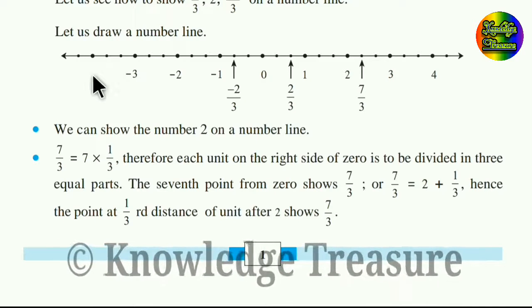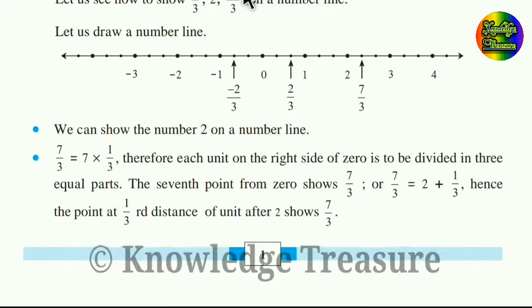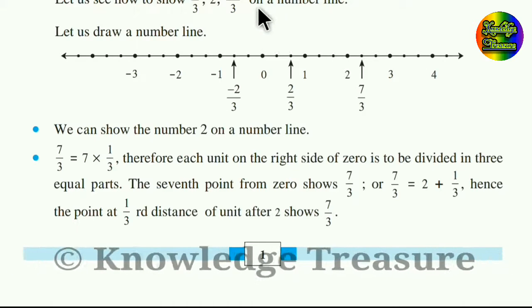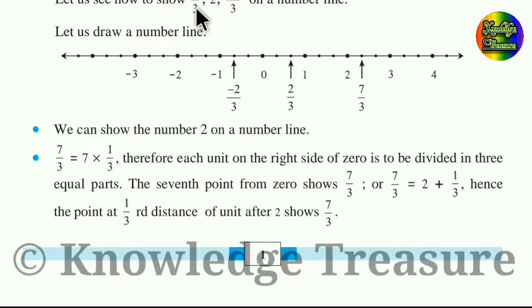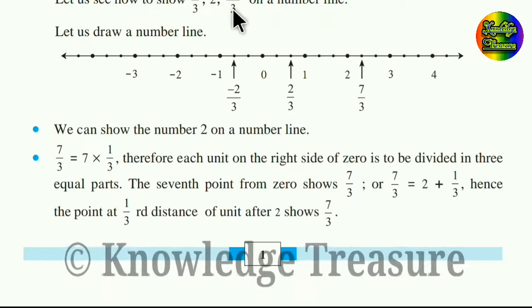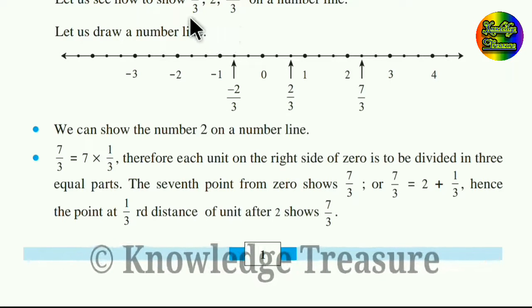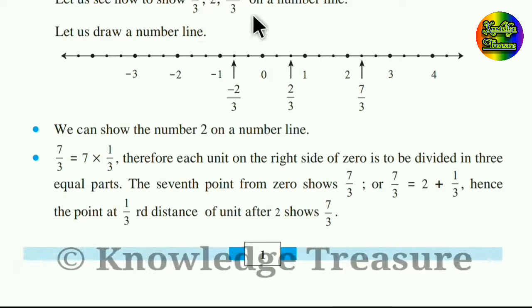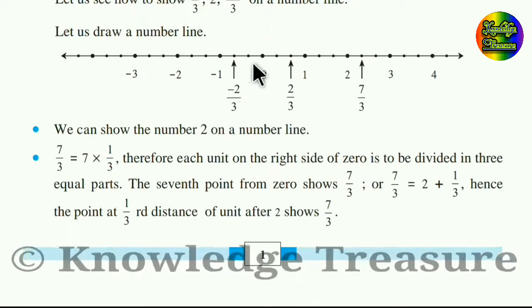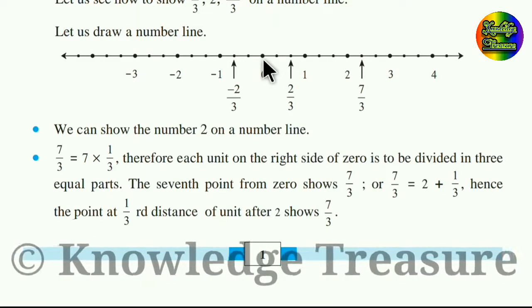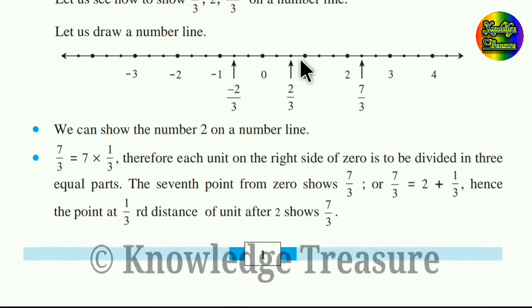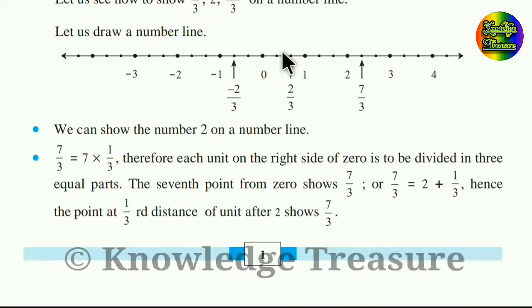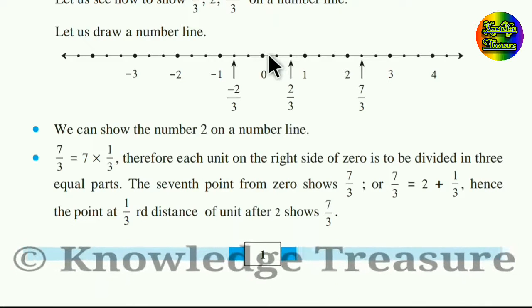Step number 4. If you have clearly observed these 3 numbers, then you can see 7/3 and -2/3 both have 3 in their denominator. That is, we can say from 0 to 1, this part is divided into 3 parts equally.